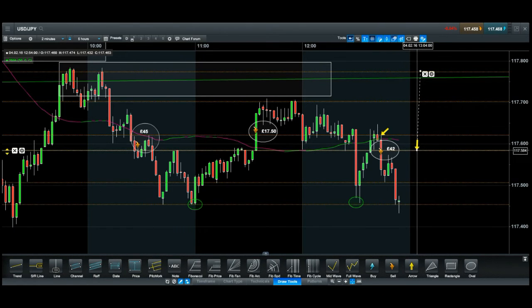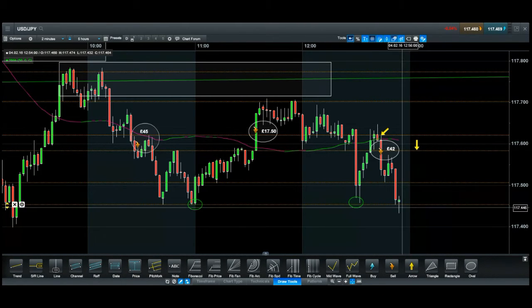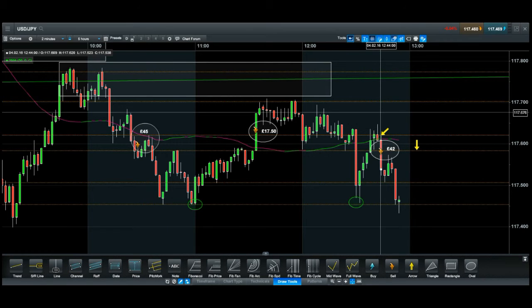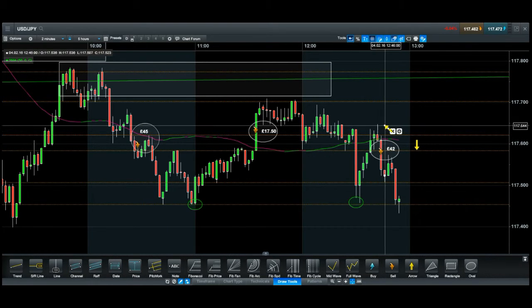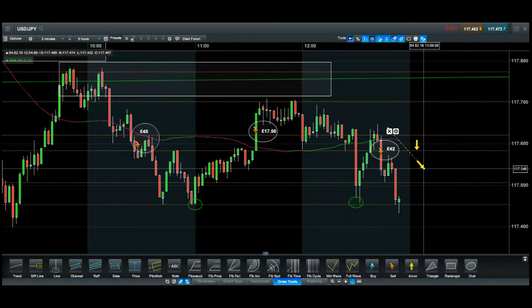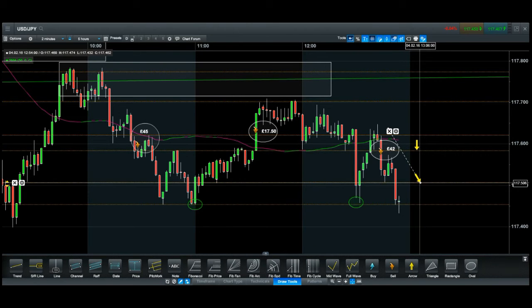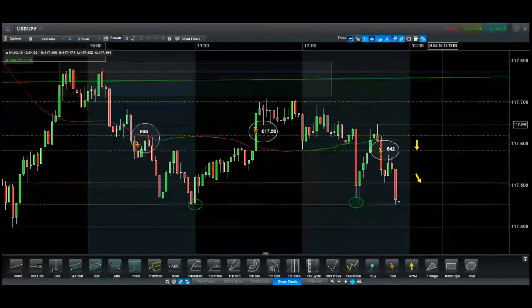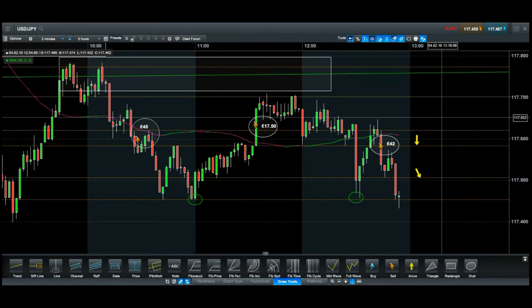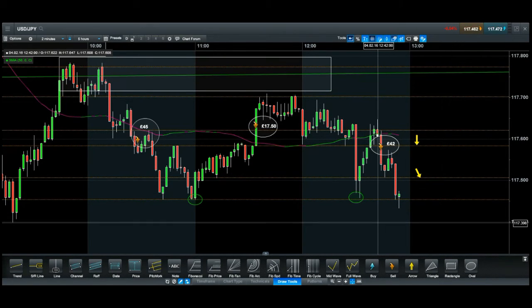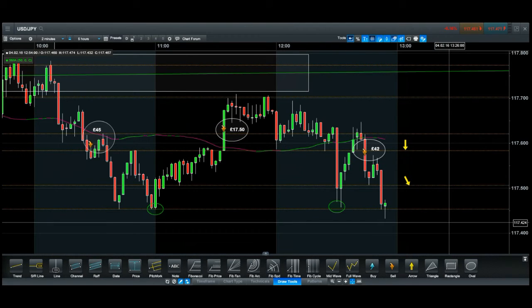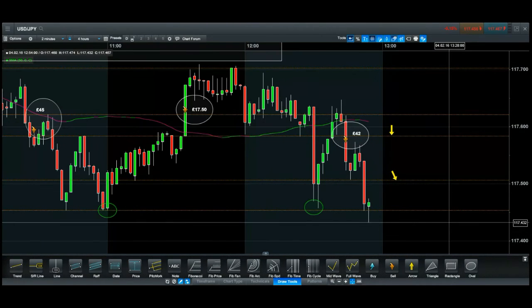So I'm going to put my arrow here, and it could be here. Okay, those 2 areas will become resistance that may be a place for me to re-enter a sell. All right, so I just have to wait for this candle now to finish and see how it goes. It does look like it's pushing back up again.